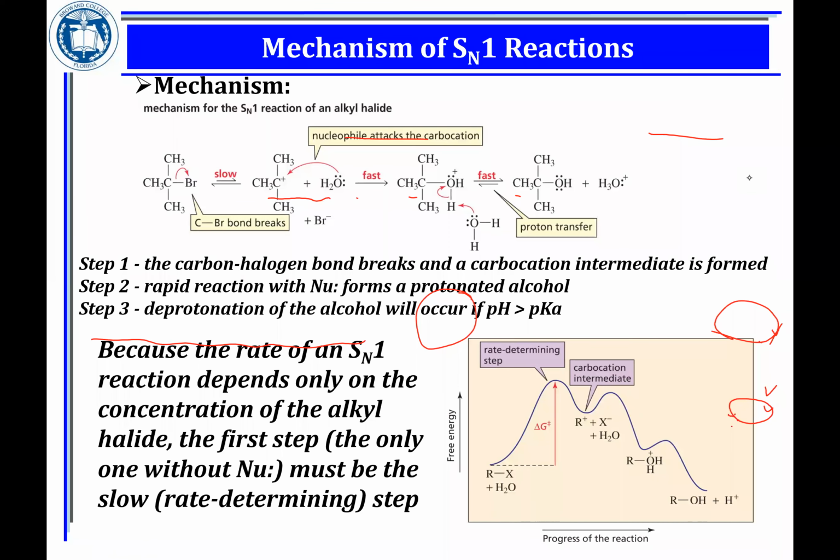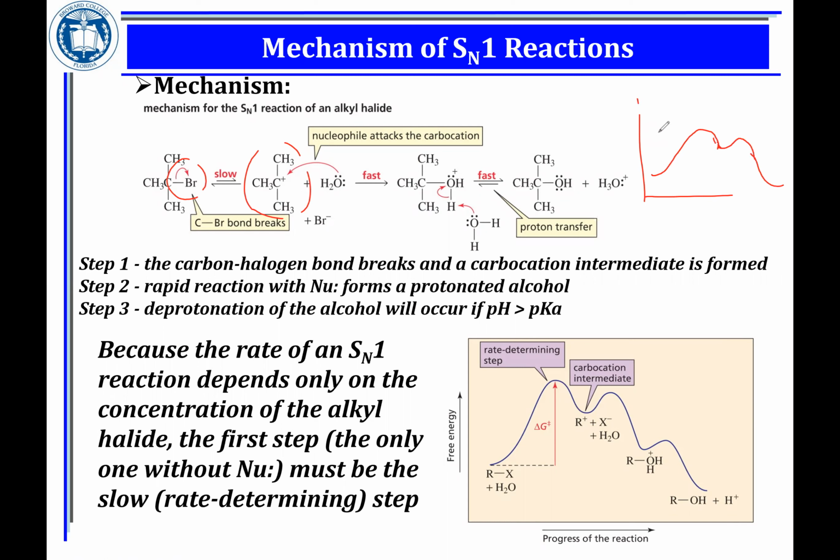And hopefully you have already watched the video, so you have more information about this now. In the mechanism for the SN1 reaction, the leaving group is going to leave first. When the leaving group leaves, you have the formation of a carbocation. When the carbocation forms as the intermediate, you have the slowest step of the reaction. You have an EA1, you have an EA2, where the nucleophile is coming in.